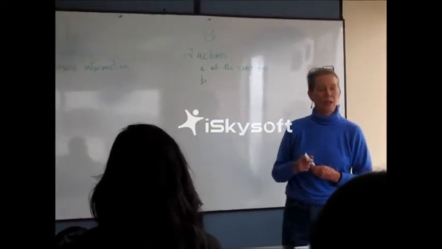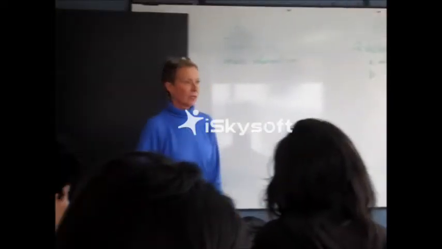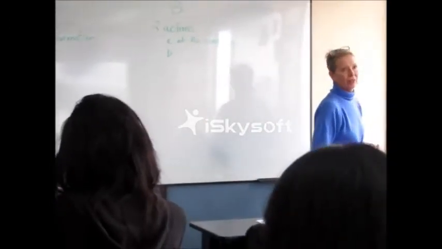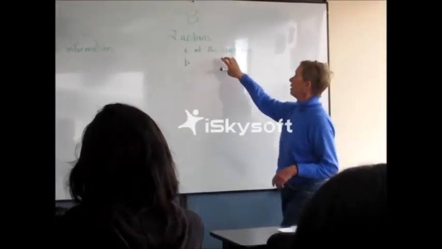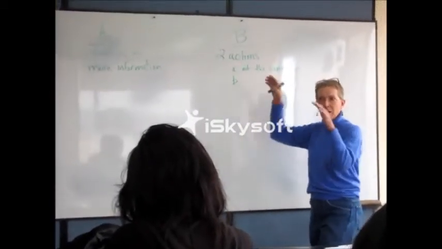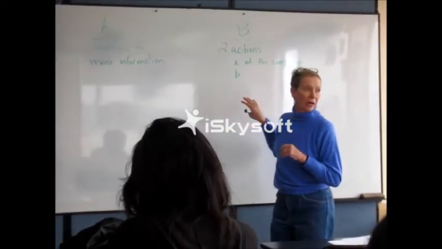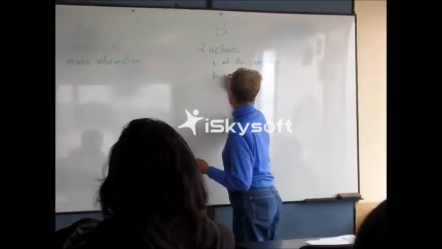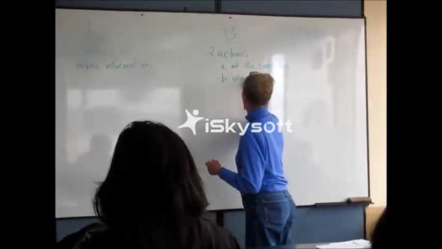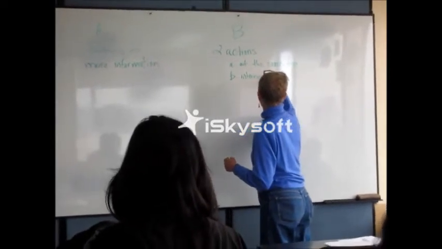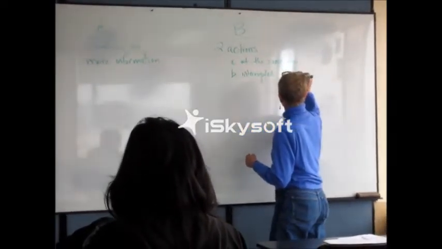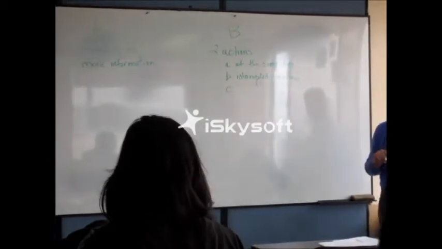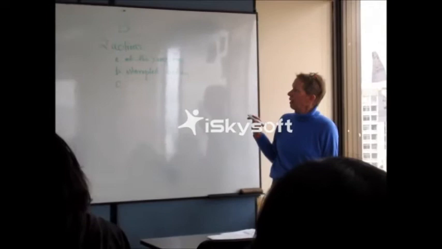So I'm walking, I trip, and then I start walking again. So the one action occurs for a short time while the other action is going on. So we call that one an interrupted action.